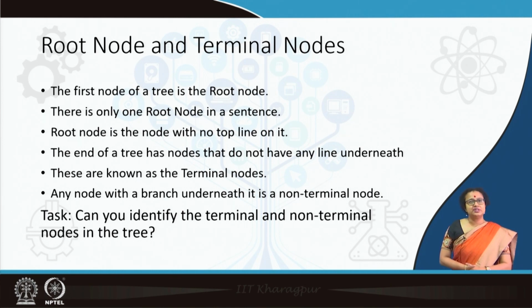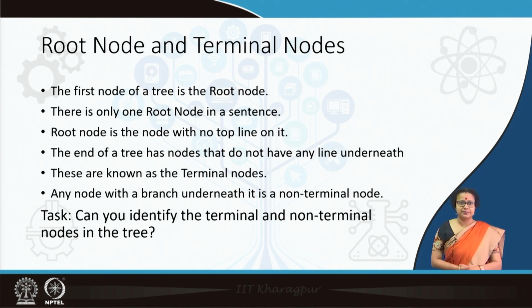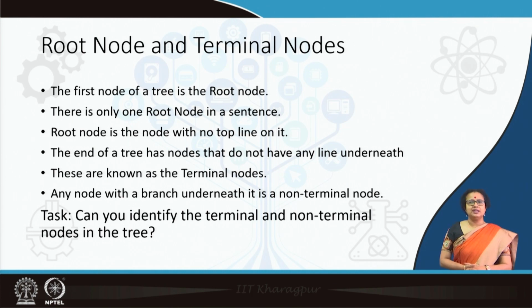So, there are two different kinds of nodes, root node and terminal node. The first node of a tree is the root node, and as you can easily infer, there can be only one root node in a sentence. You cannot have two root nodes, and you can define a root node in the following manner.